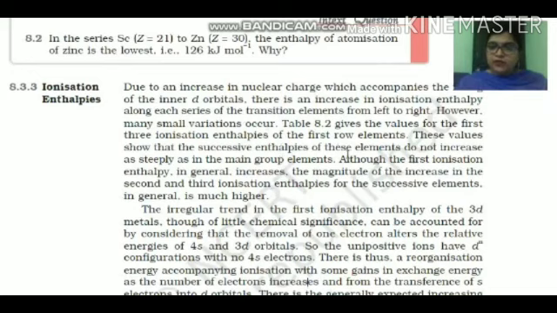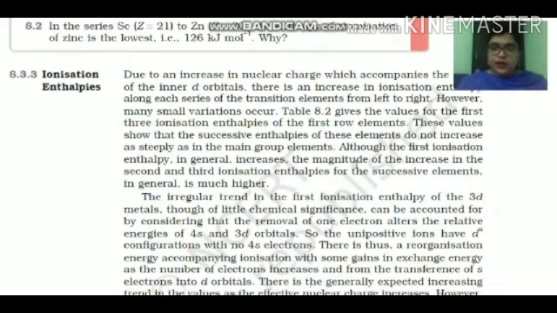So children, although the first ionization enthalpy in general increases, the magnitude of increase in second and third ionization enthalpy for successive elements in general is much higher. The second and third ionization enthalpy will be much higher as compared to the first one, because the electron will be closer to the nucleus, and in order to remove that electron, a large amount of energy will be required.